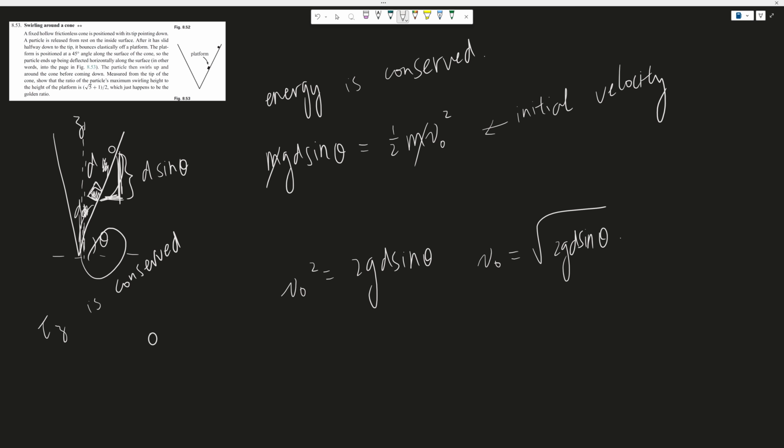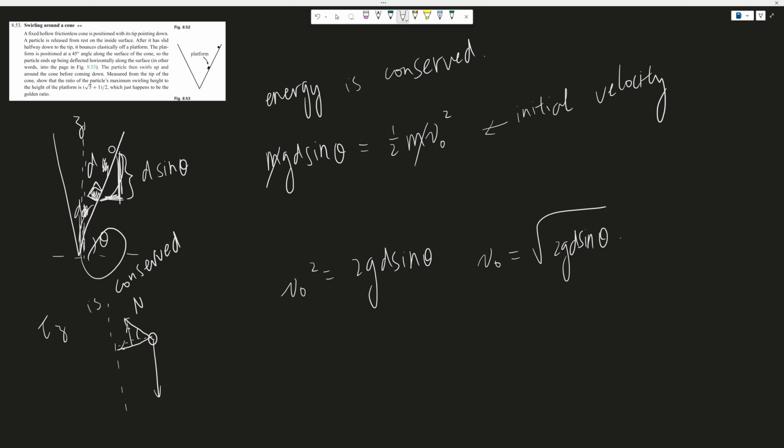If we have a sphere here, we have gravity and we have normal force. This is the z-axis, and this would be the distance of the sphere to the z-axis. The horizontal part of the normal force points along this axis, so it provides no torque.